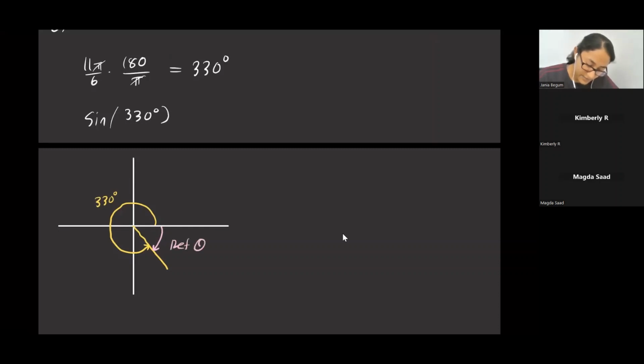So what is the reference angle? It'll be just a little bit more to get to 360, right? So the reference angle in the fourth quadrant is 360 minus 330.